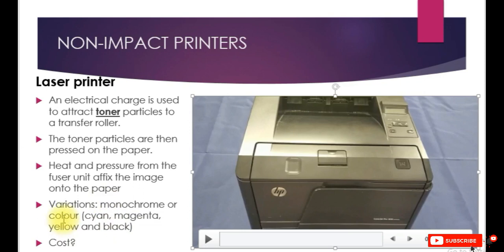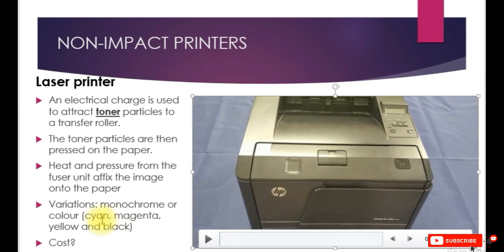Now, on the other hand, a color laser printer will typically have the ability to print in color, and you can also print black. So if you're printing, for instance, text, you can print it in black. The color laser printer will typically have four separate toners.